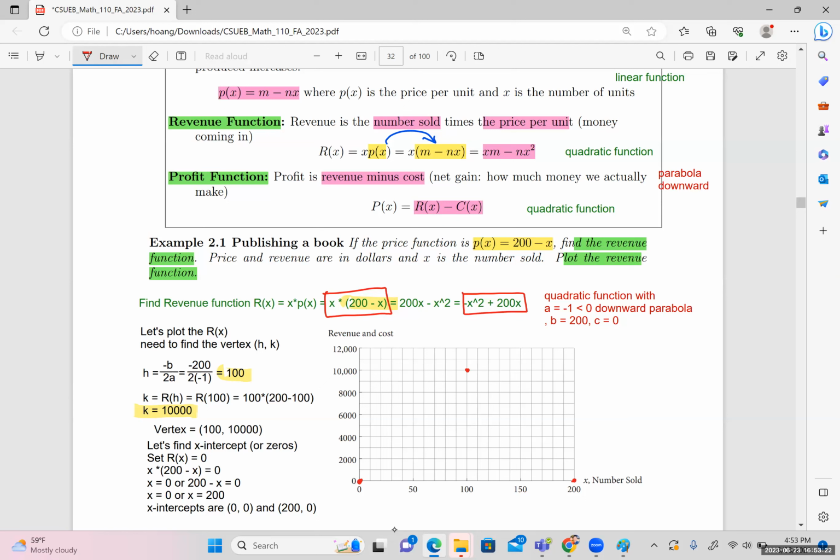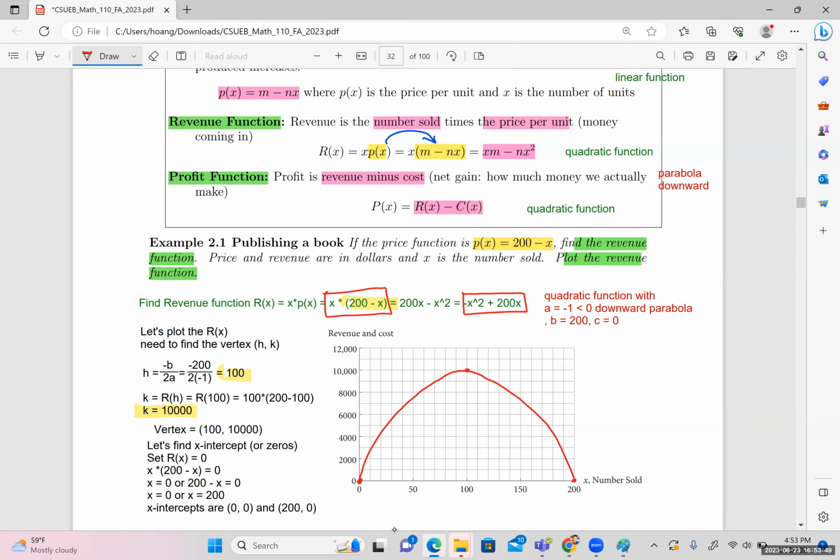You can make more values to make your graph better, but I just need these 3 points to graph my revenue. I cannot go more than the maximum at the vertex there, right?